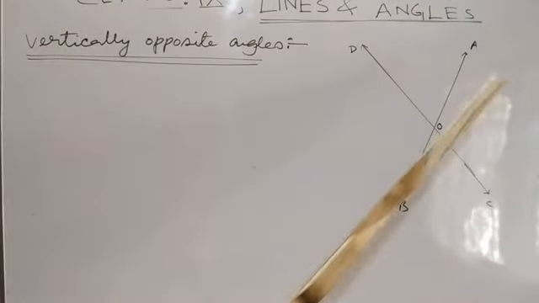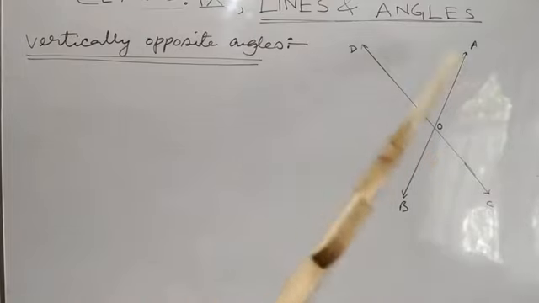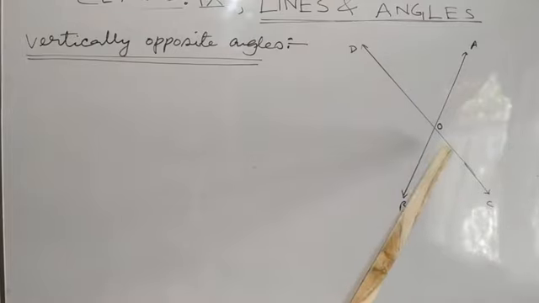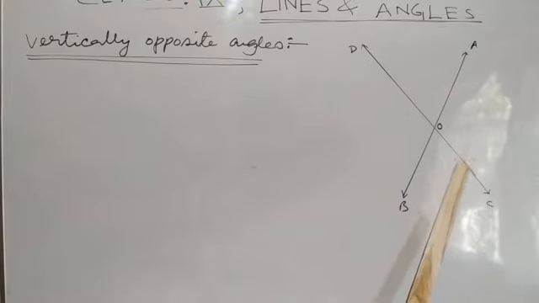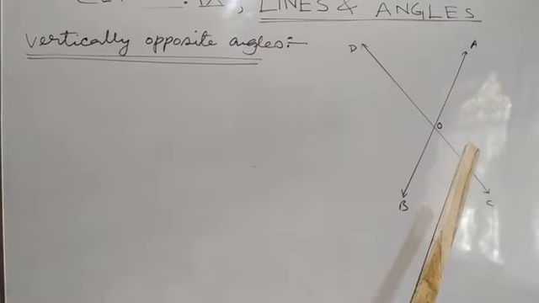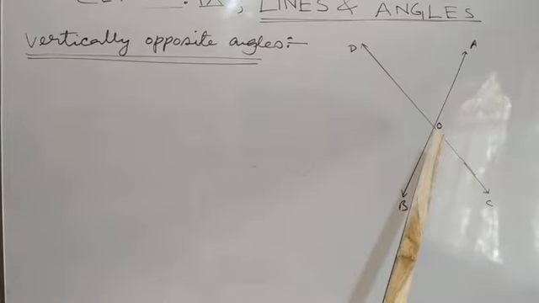Suppose AOB and COD are two lines intersecting each other at the point O. So we get here four pairs of angles.